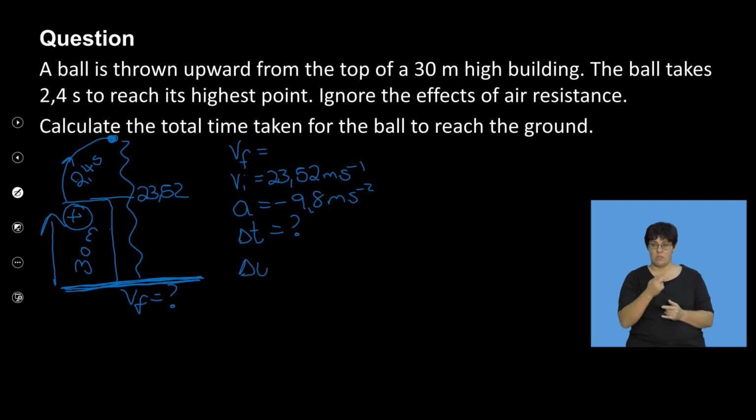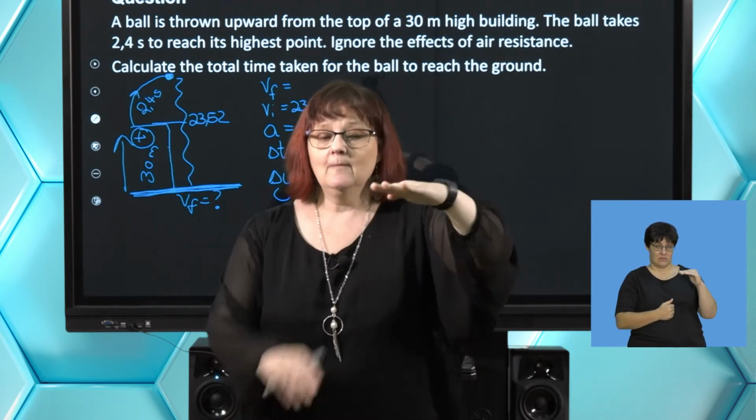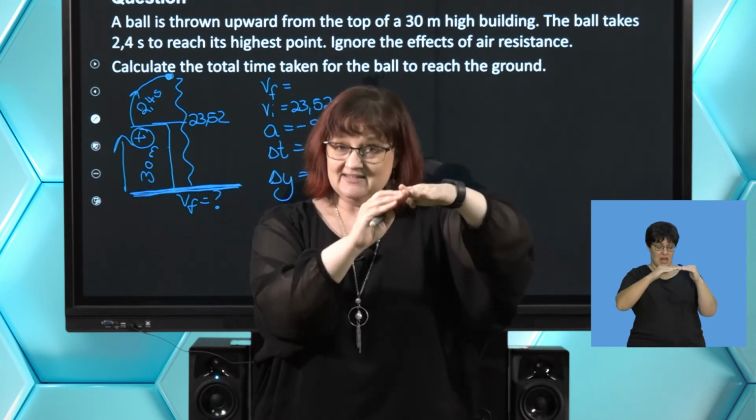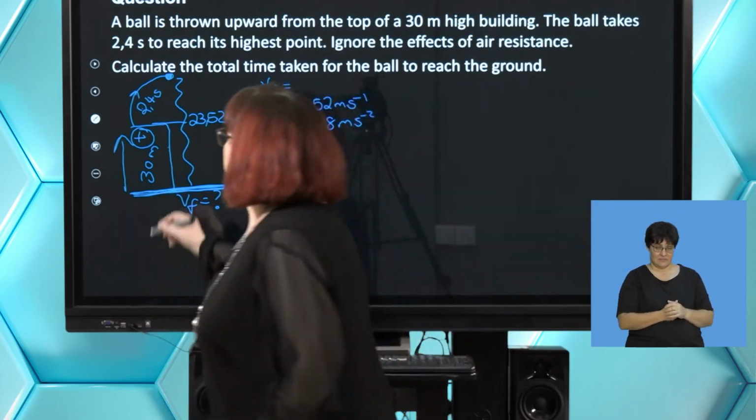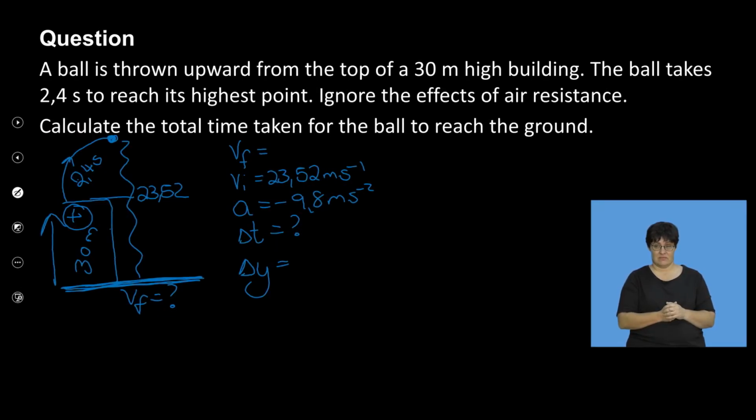Now we've got to discuss what delta Y is. We said up is positive. Anything that goes below my starting point is negative. Over here, this is my starting point. That's my 0 line.